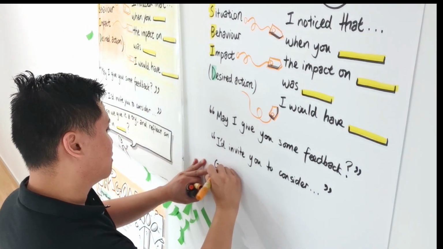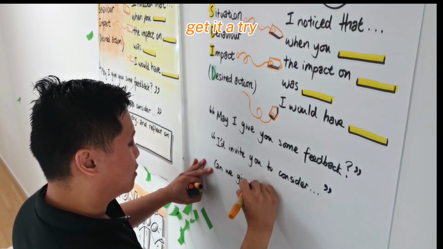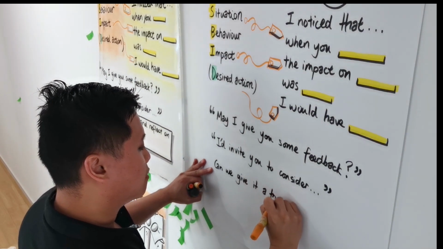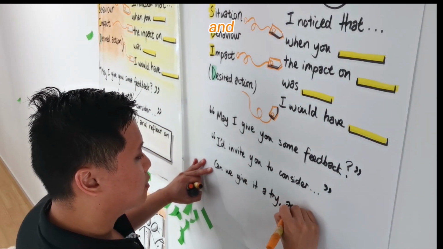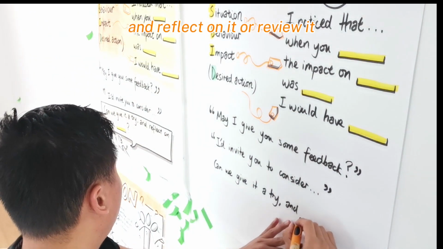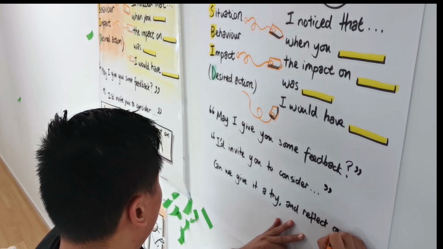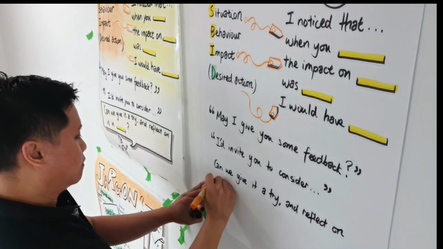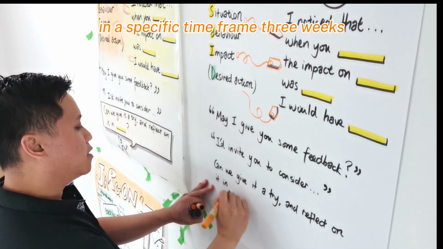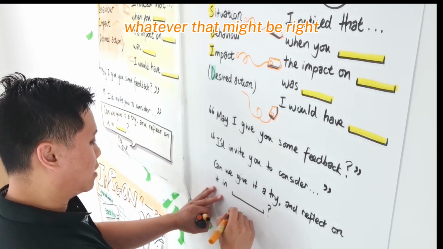Can we give it a try? And here's some commitment to coming back to it and reflect on it or review it in a specific time frame, 3 weeks, whatever that might be.